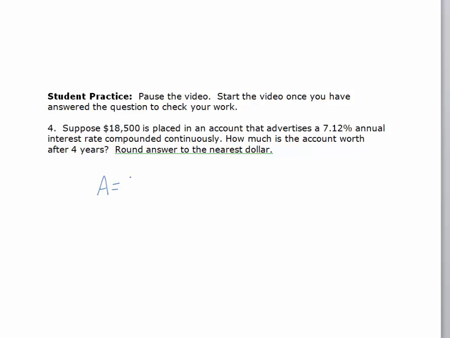A equals P e to the rt. The principal is 18,500. e to the r, which is 0.0712, times 4.